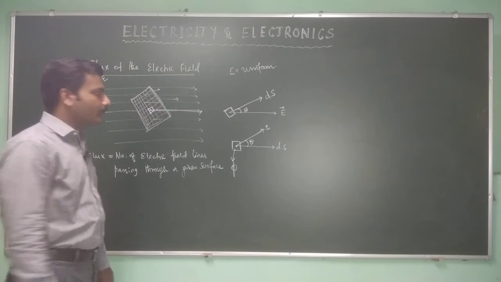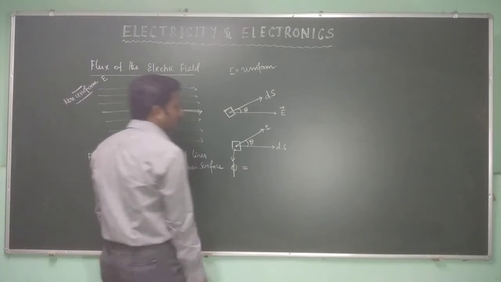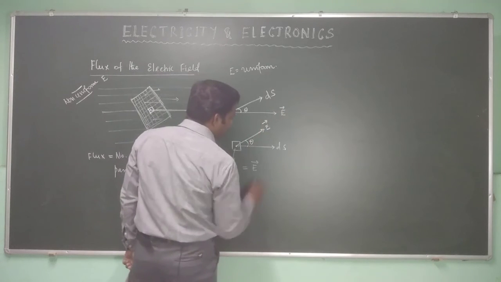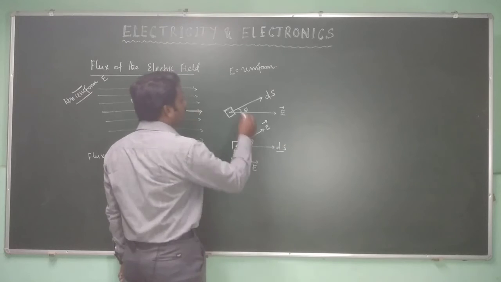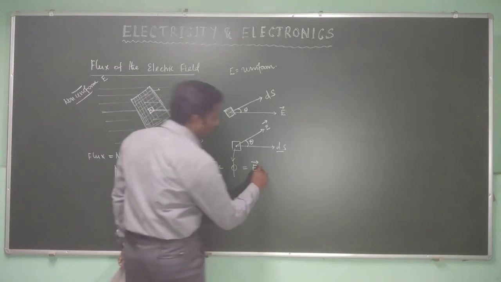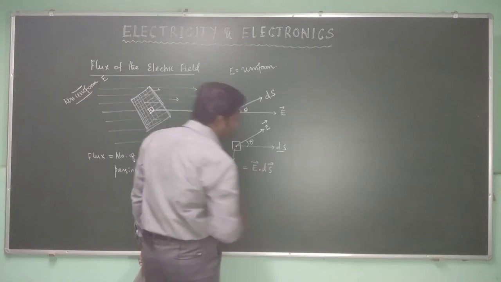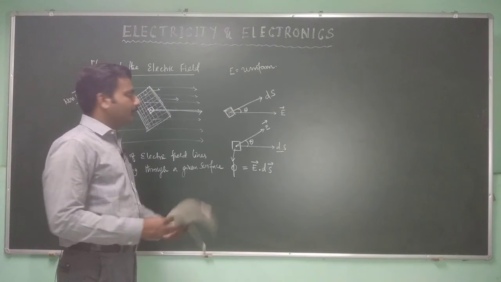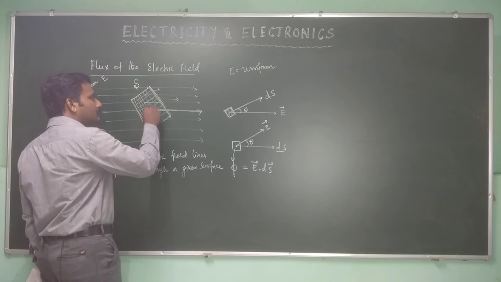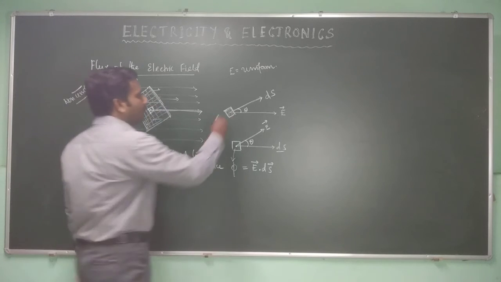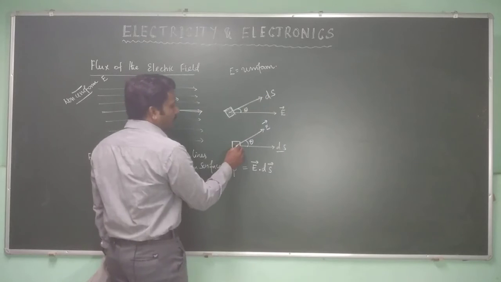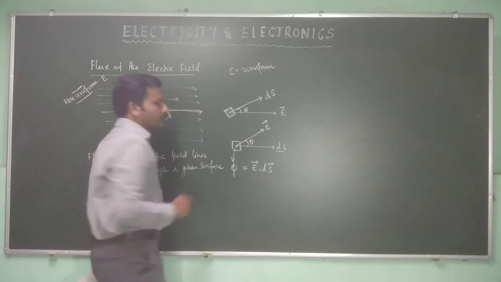The flux phi at this point is equal to, these are all vectors, so E vector into ds, which is nothing but the small area component of this small square. The entire area of the surface you can write as S. Within this is the small area, and the component ds is a component which is normal to this small area.